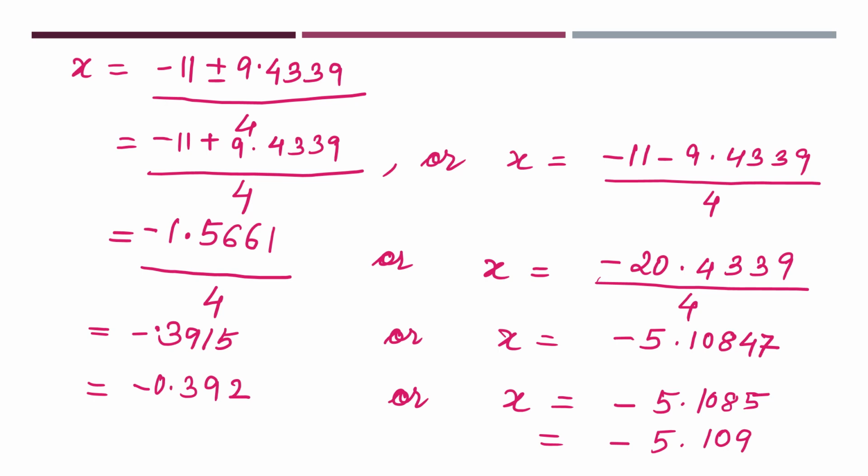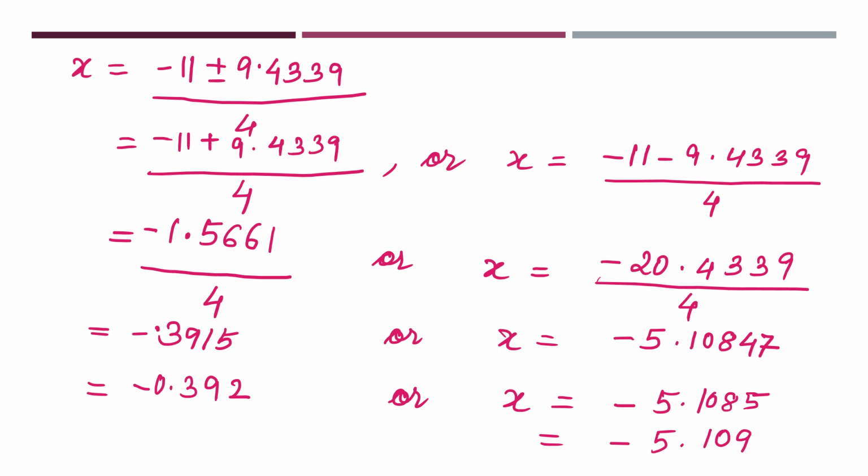Therefore, x is equal to minus 1.5661 upon 4, or x is equal to minus 20.4339 upon 4. Therefore, we get the answer as x is equal to minus 0.3915, or x is equal to minus 5.10847.